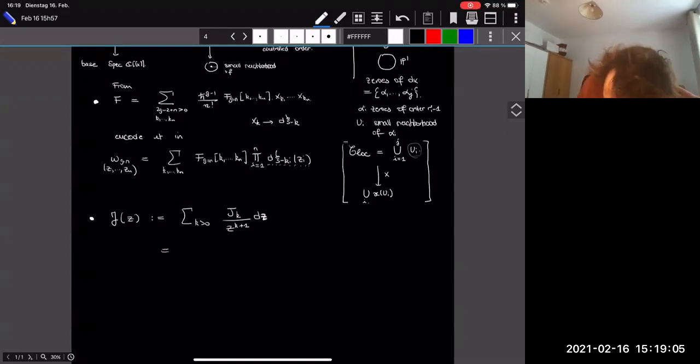So this I can write as J plus J minus, where this one is the positive powers of z, that means the negative modes. And this one is the opposite.